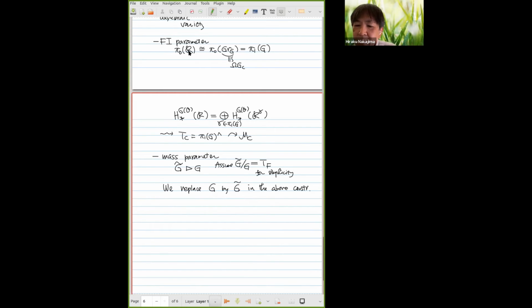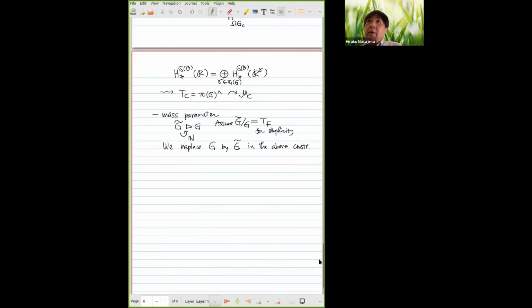So the variety R is defined by considering the moduli space of G bundles together with sections. But here I consider the G tilde bundles, and N is still a representation of G tilde. So all the construction still makes sense for the larger group G tilde.